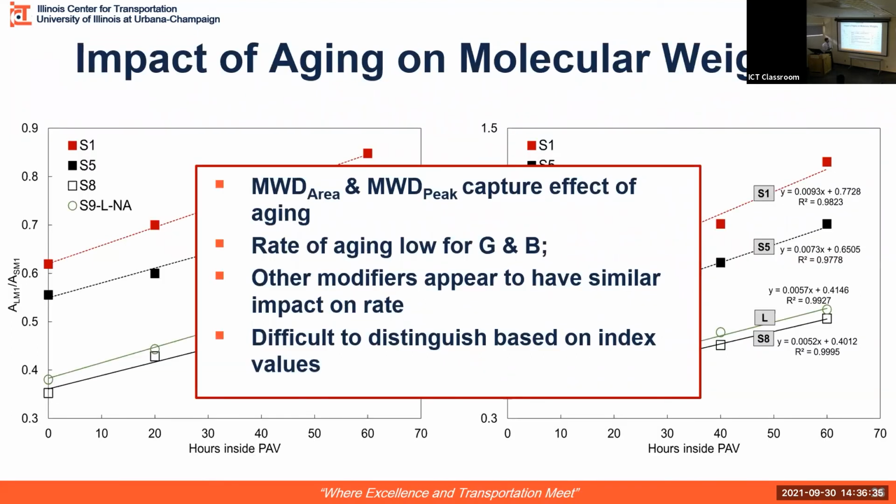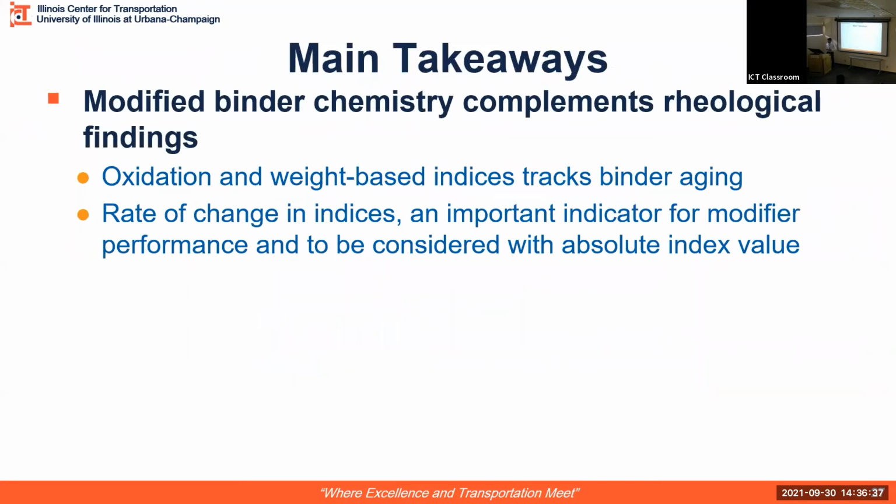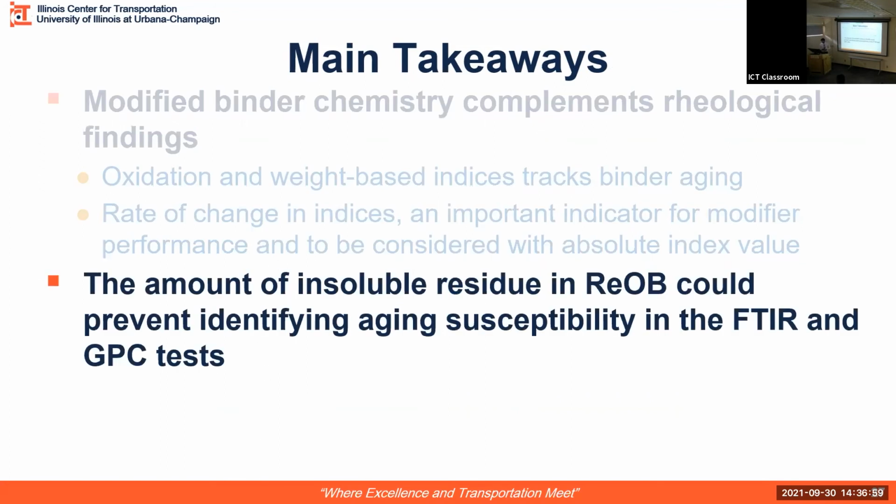The main takeaway from the chemistry testing is that the oxidation and weight-based indices track binder aging, but it's hard to say when we put them together. The rate of change is an important parameter, which we never used to look at. We mostly used to look at the index values. So we have to consider the rate of the indices in addition to the absolute index values.